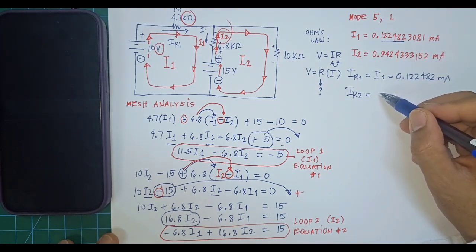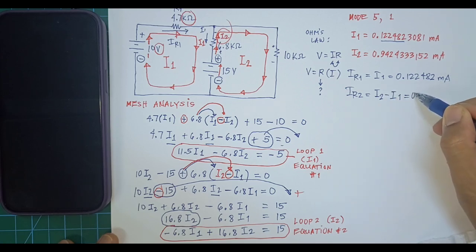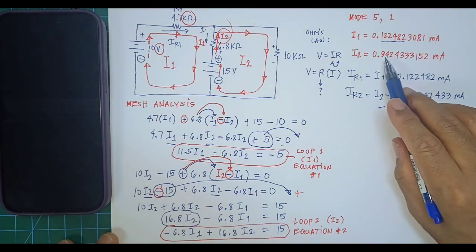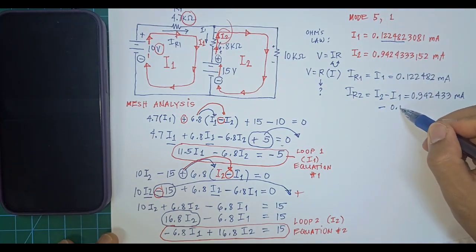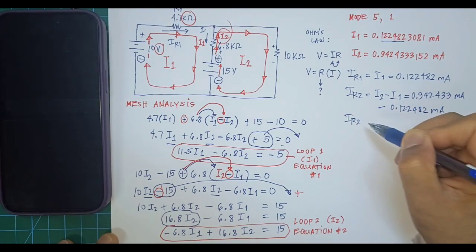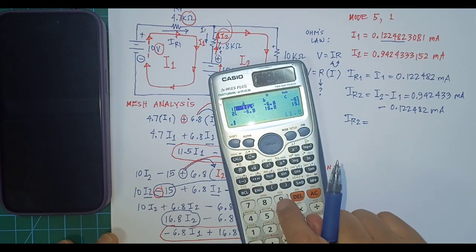I'll just put here I2 minus I1, so 0.942433 milliamperes minus our I1, which is 0.122482 milliamperes, and I'll get the value of IR2.